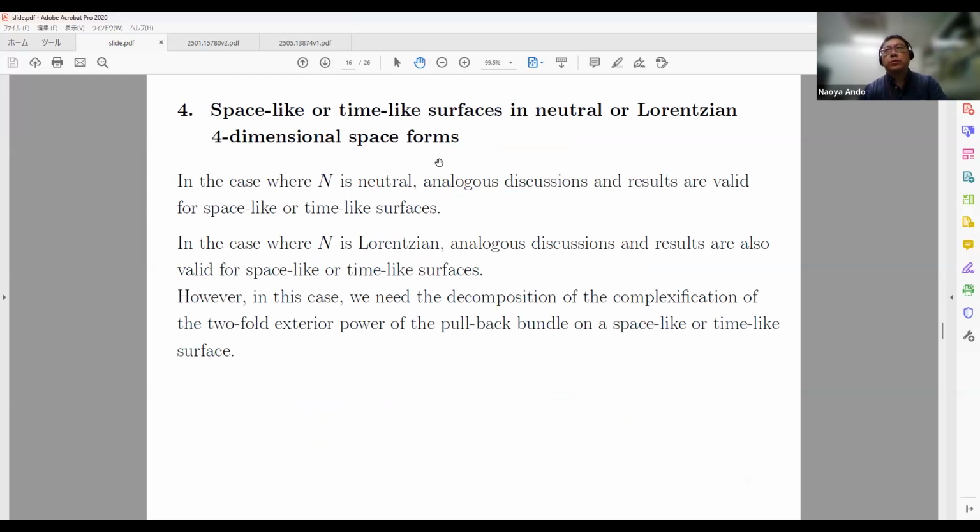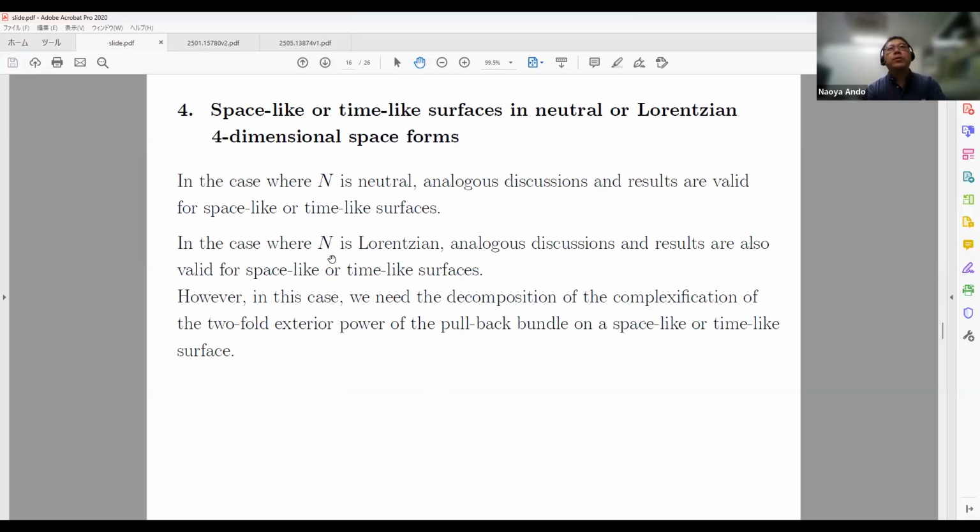In the above discussions, we suppose that the space is a Riemannian four-dimensional space form. In the case where n is neutral, analogous discussions and results are valid for space-like or time-like surfaces.